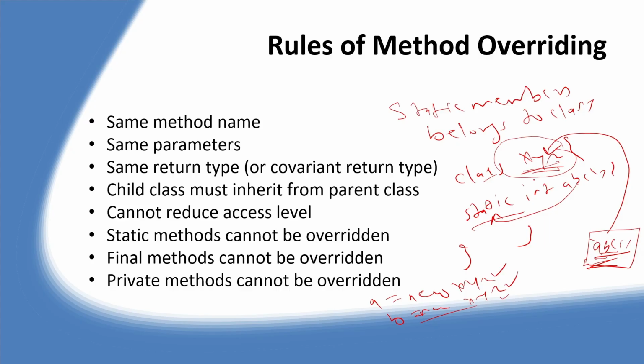And as we all know, in the method area memory, the .class file gets loaded. During that, the .class file will get loaded once and the static member will also get loaded once. That's why a static method cannot be overridden. So in the parent class, if we have this static method, we cannot override this method.